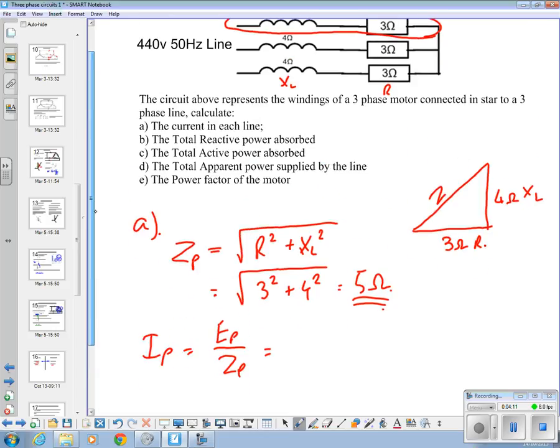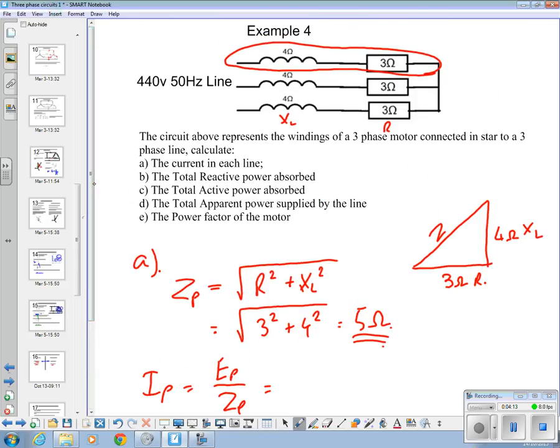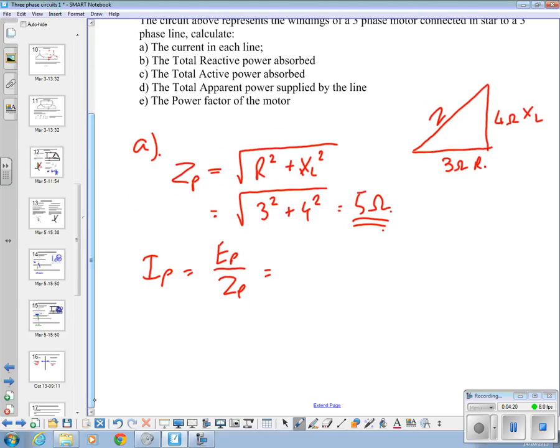In the problem, we've not got the phase voltage, we've got the line voltage. So how can we rewrite EP in terms of EL? EL over root 3, yeah? Over our Z phase, that is 440.